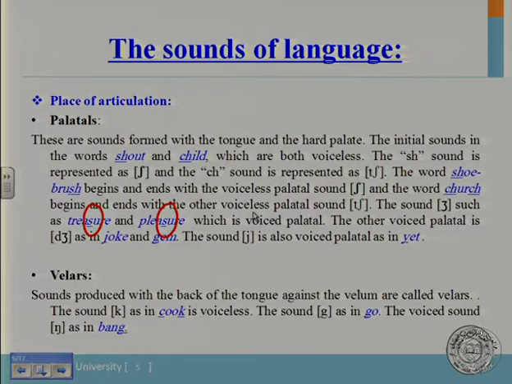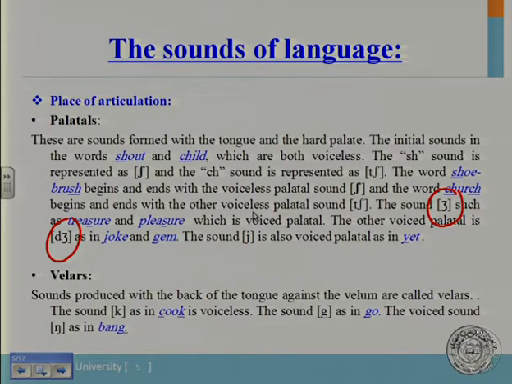The other voiced palatal is dʒ. See the difference between these two. We have ʒ, and we have dʒ. The first one is ʒ. The second one, you can feel that there is a sound of d before ʒ, so it becomes dʒ, as in joke and as in gym.